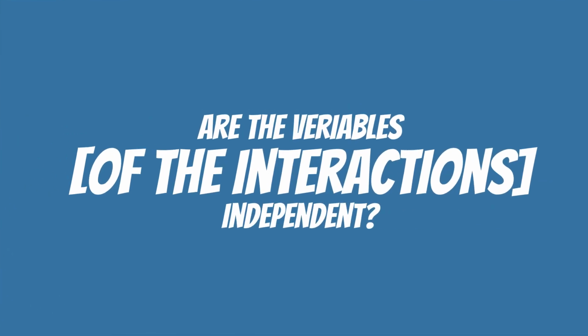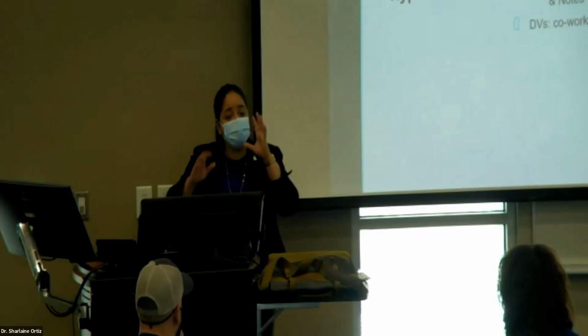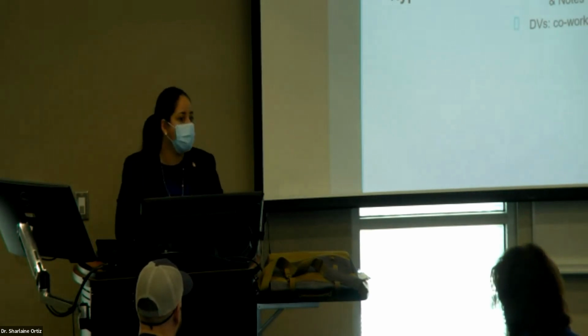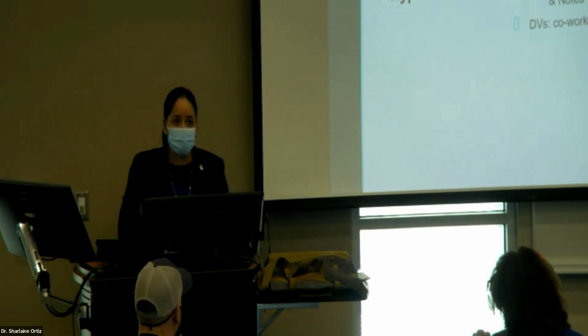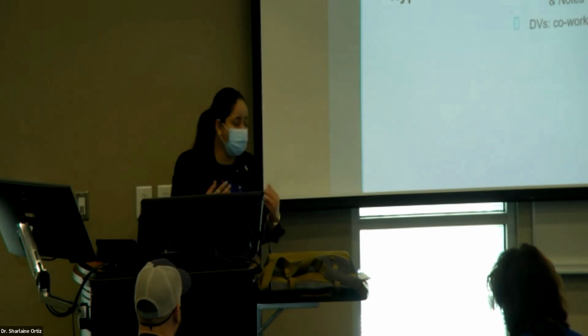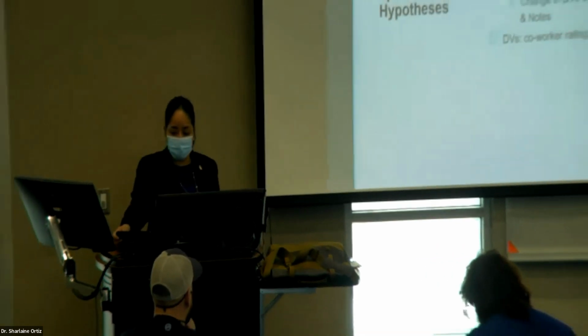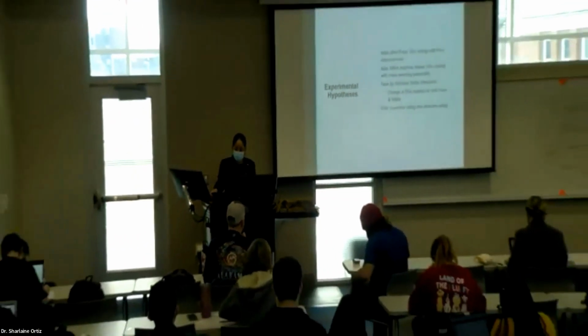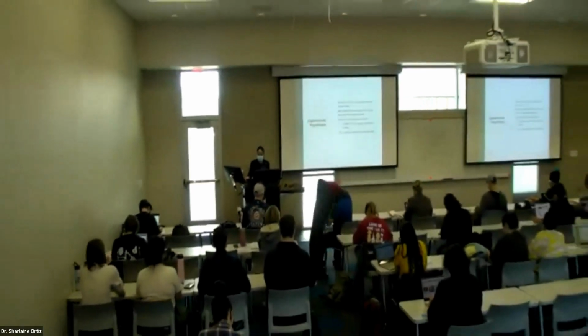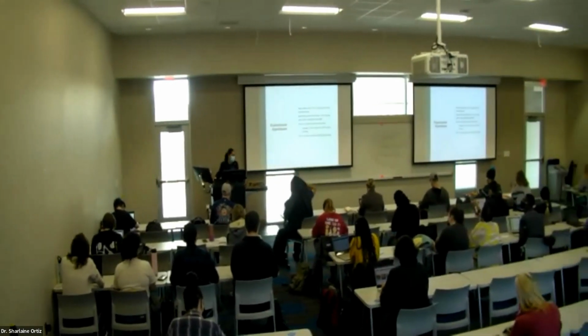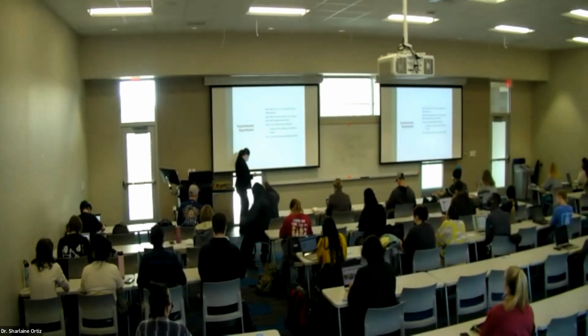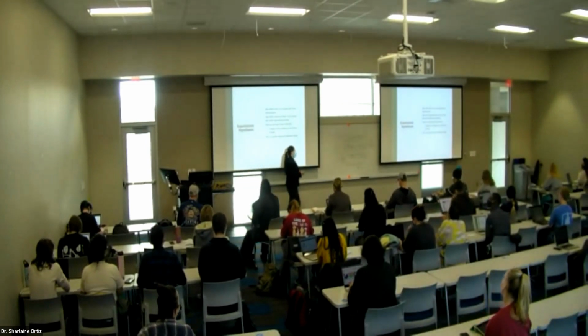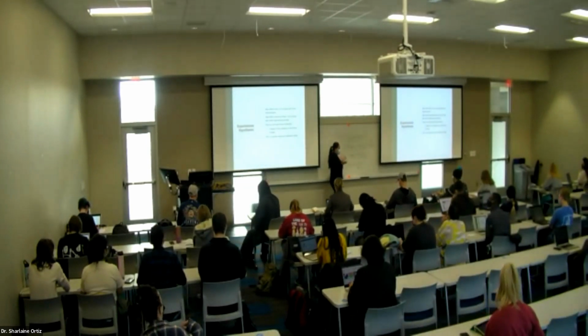Yes, ma'am. Those two variables are independent? Two independent variables? Yes, sometimes you can have the interaction of two independent variables. So for example, think about therapy, an example that I like giving in class. I'm trying to study, say, the impacts of therapy on the reduction of depression, right?